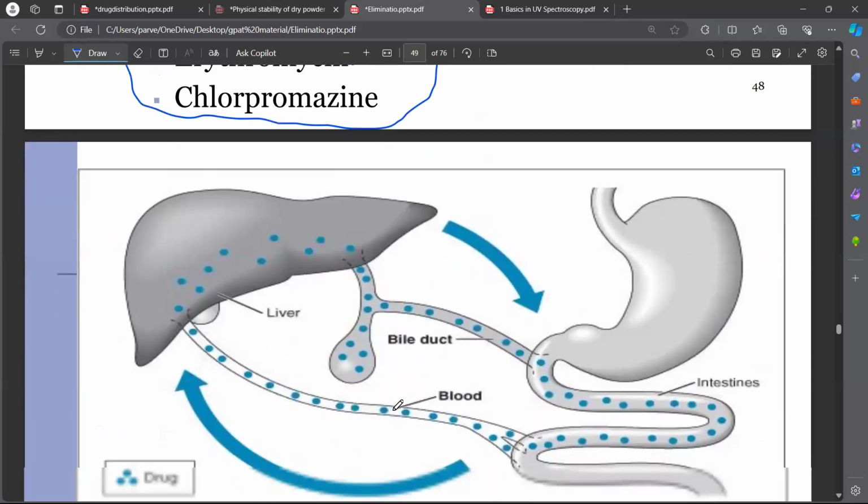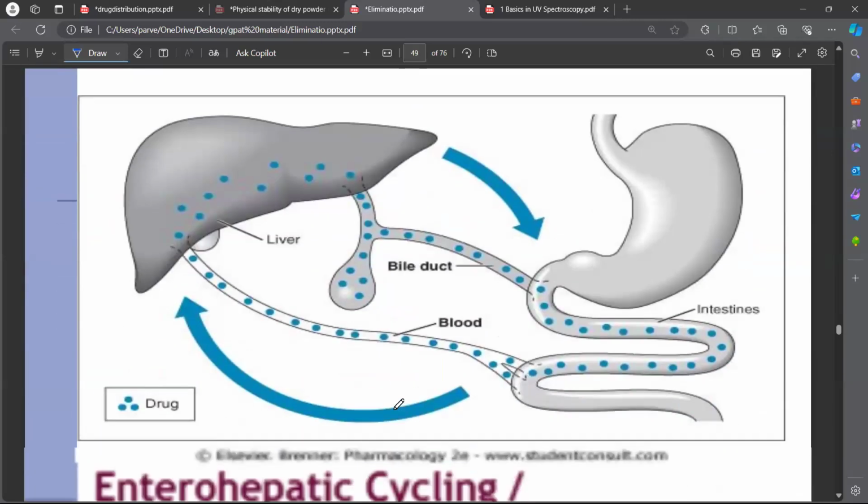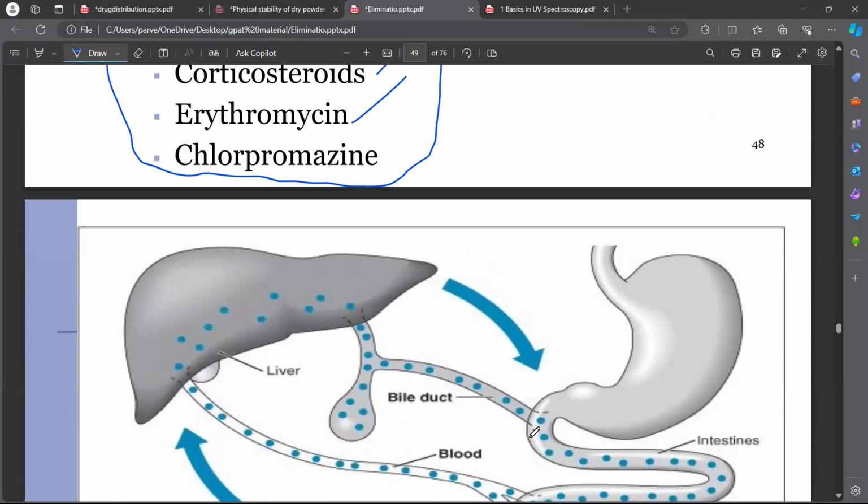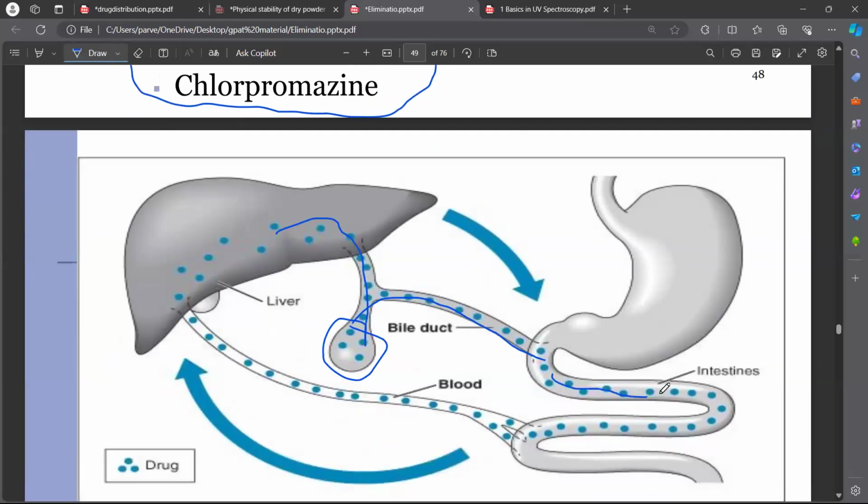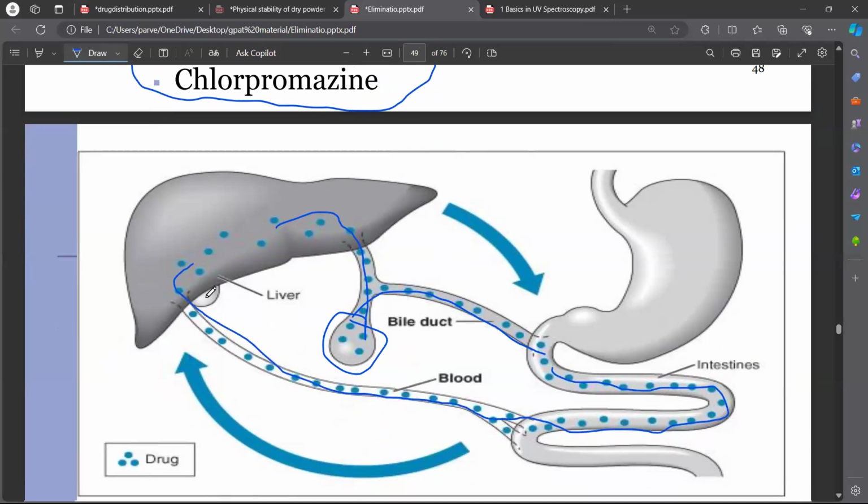This is how excretion through the bile occurs. In the liver, bile gets stored in the gallbladder, and through the bile duct it comes into the intestine, where it causes emulsification. Then it enters the blood from the intestine and again comes to the liver.